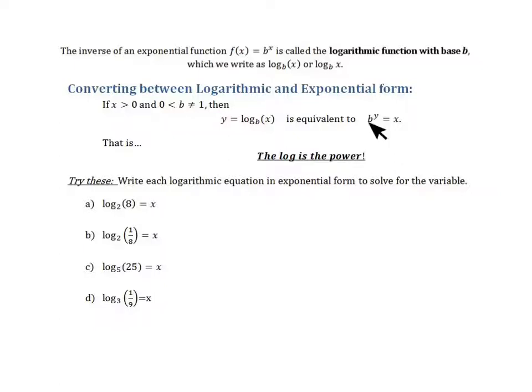Here we have an exponential form of an equation, b to the y equals x, and that's equivalent to saying y equals log base b of x. And it's really useful to go back and forth. So let's get specific here. Let's say we have 2 to the 4th power, and we know that that is equal to 16.